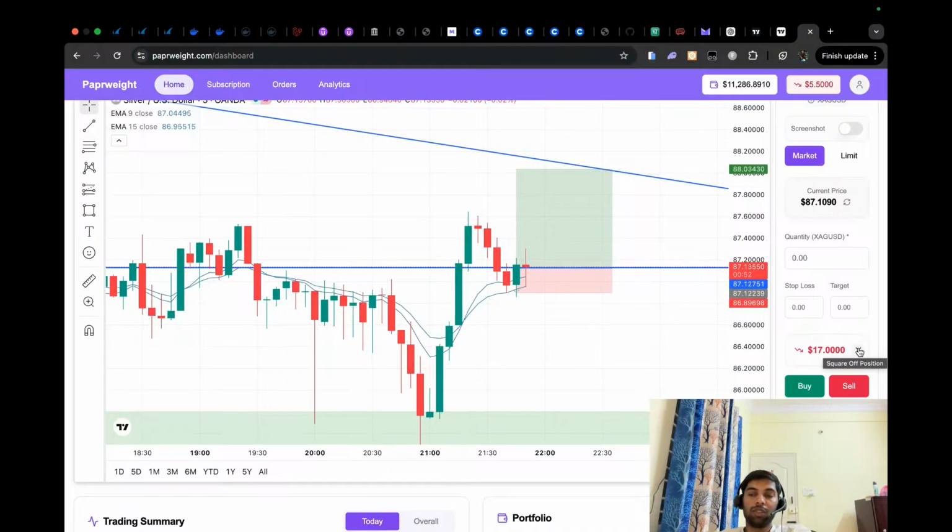Still 50 more seconds to close this candle. We have seen $150 profit in this trade.